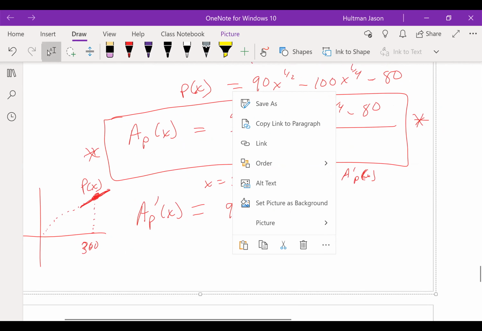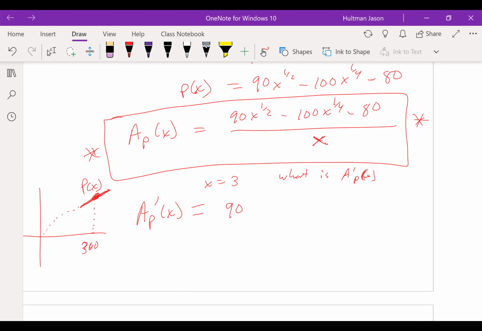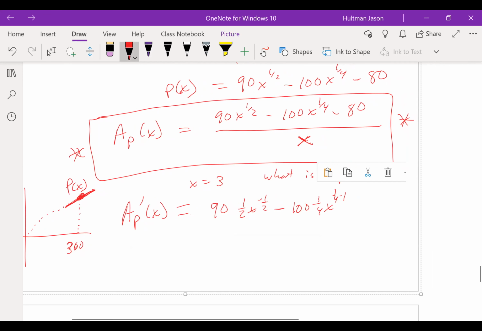The derivative of the top is 90 times 1/2 x to the negative 1/2, minus 100 times 1/4 x to the 1/4 minus 1. I'll just write it like that for right now. Minus 80, but the derivative of a constant is 0, so that's just 0.